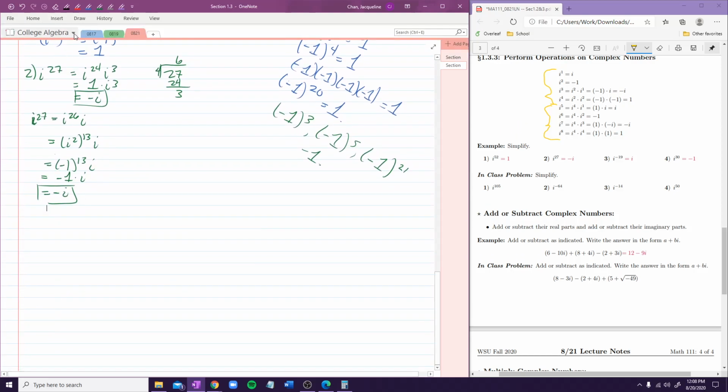So let's do one more example for simplifying i's, and then we'll go on. For this one, we have i to the negative 19th. Right? This is a little odd because we've only been dealing with positive exponents, but this is still the same thing. So what am I going to do?